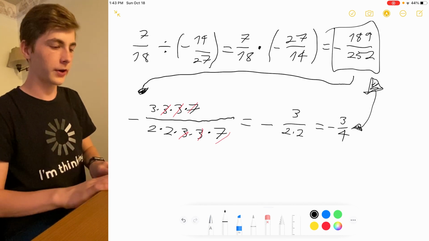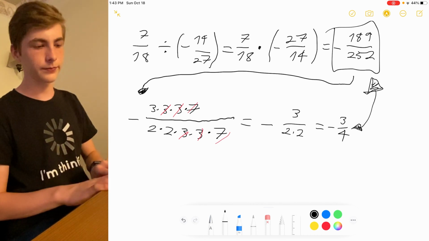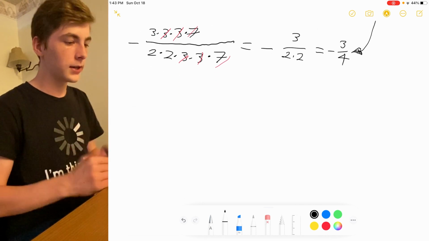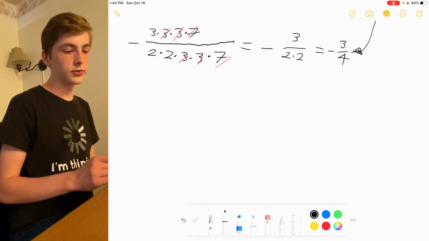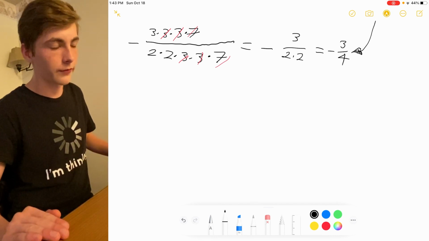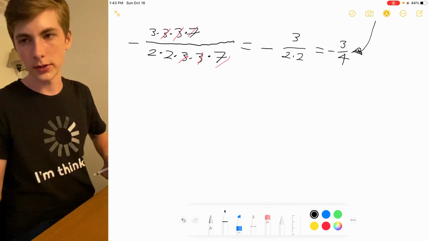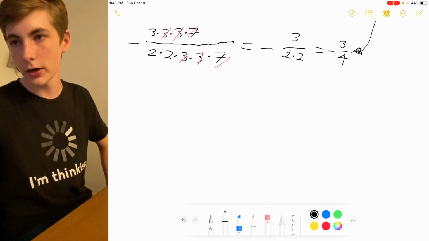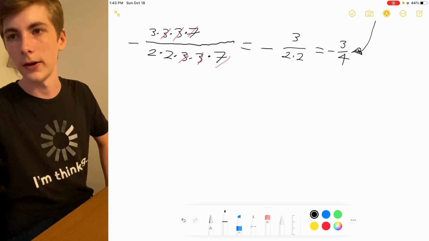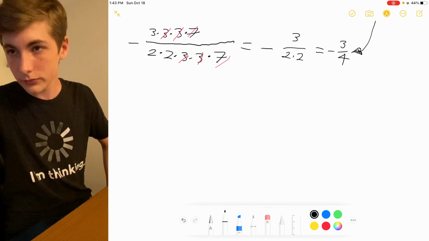Always try and simplify your fractions as much as possible. Almost always. And in addition and subtraction, we're actually going to use the idea that we can turn it into a non-simplified fraction, and so you'll see how sometimes that is useful too. But for the most part, it's always nice to have a simplified fraction rather than a non-simplified one.